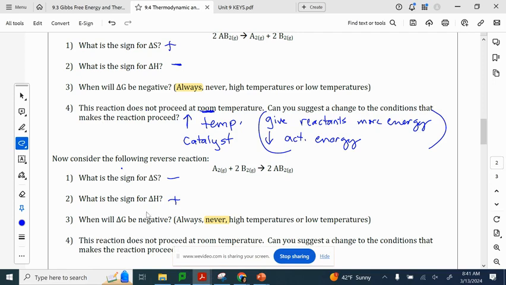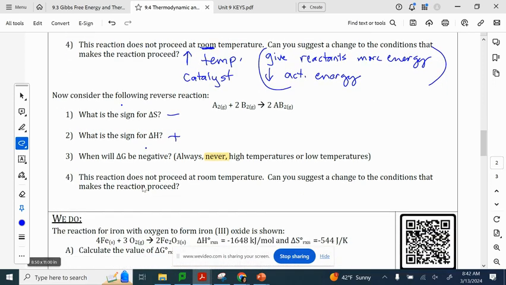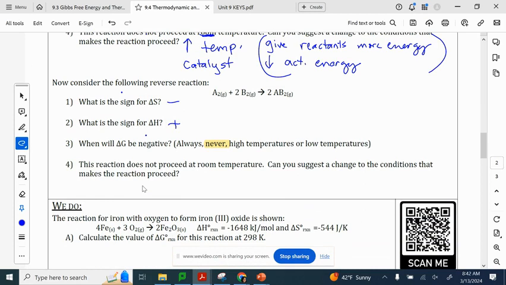The reaction does not proceed at room temperature. Can you suggest a change to the conditions that could make this reaction proceed? Would increasing the temperature make a difference? No. Would introducing a catalyst make a difference? No. So I cannot. It's not going to happen.